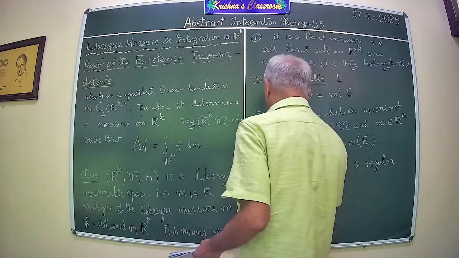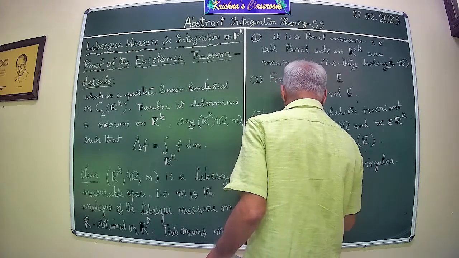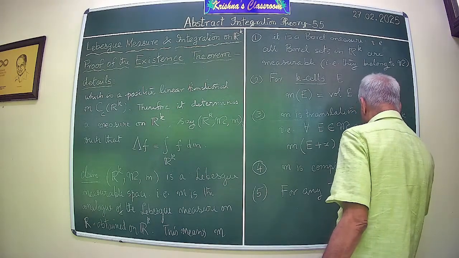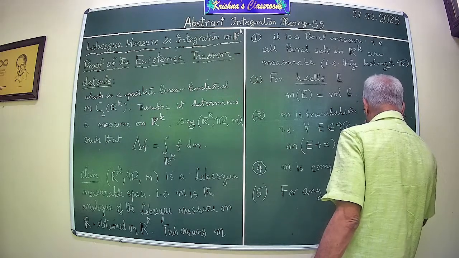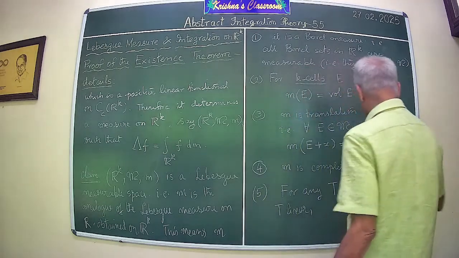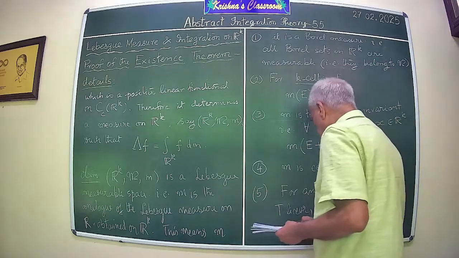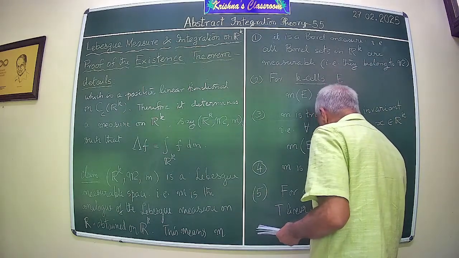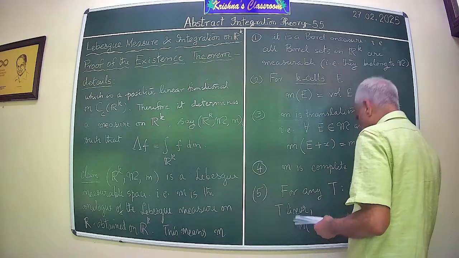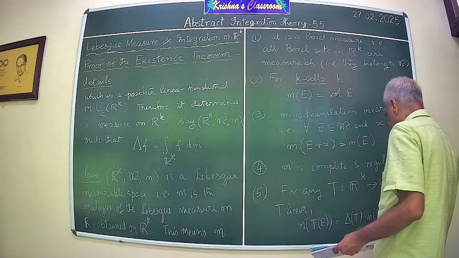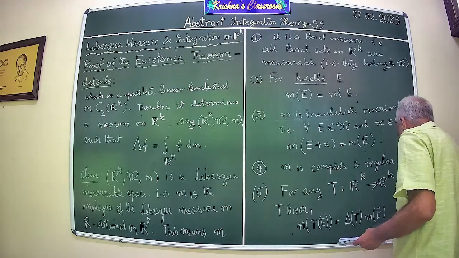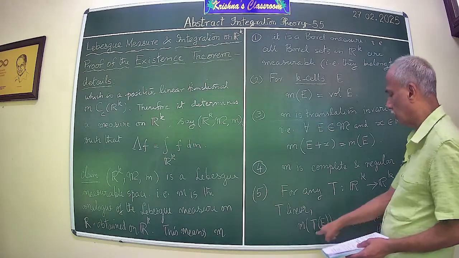Then finally, for any T from R^k to R^k, T linear, the measure of T(E), E a measurable subset, is equal to some delta T, a scalar, multiplied by the measure of E, for every E. Now this delta T depends on what the linear transformation is.